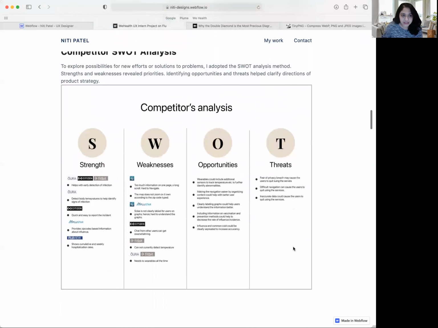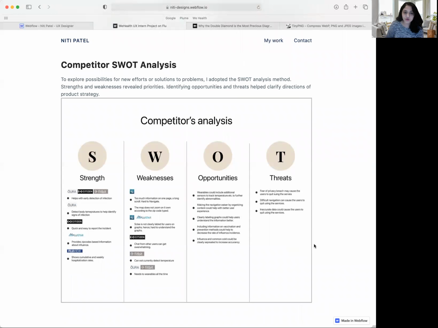Then I quickly started to analyze and compile my results into a SWOT table. SWOT stands for strengths, weaknesses, opportunities, and threats. To give you a quick summary about the strengths and weaknesses, I think mostly the wearables were detecting vital signs like body temperature and heart rate, which gave some indication of bodily abnormalities, and that's how they were able to sense the infections, the signs of infection.